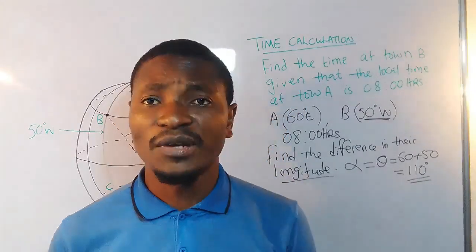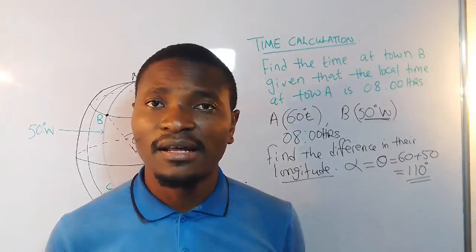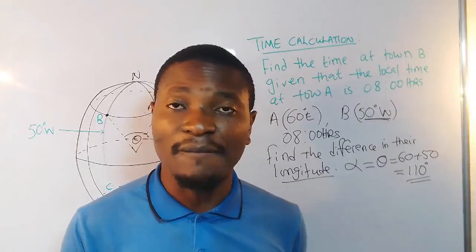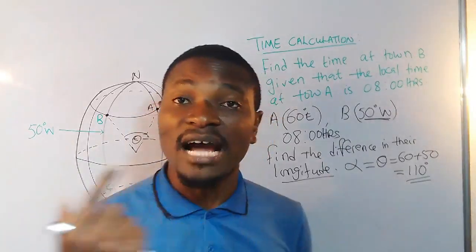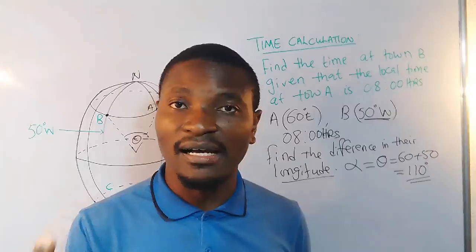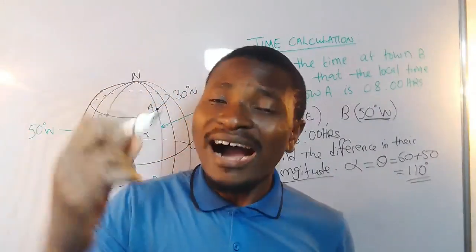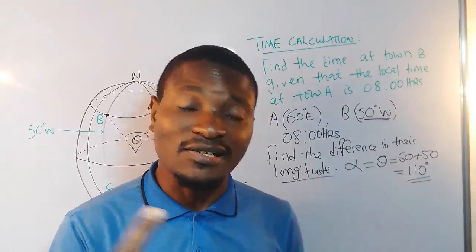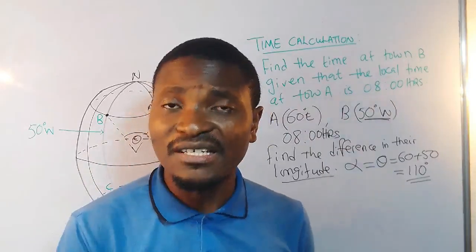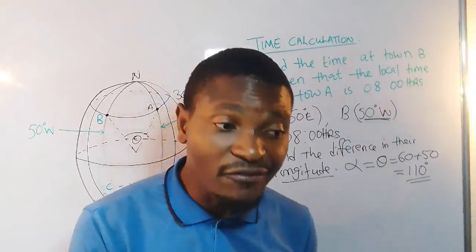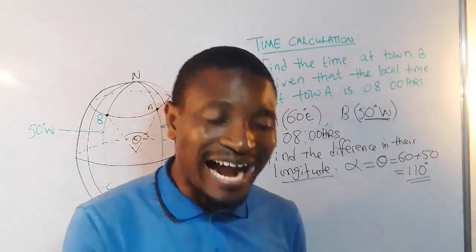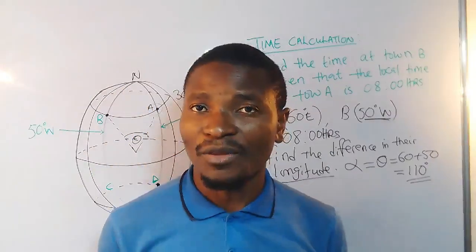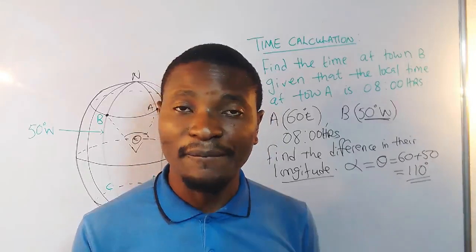Okay, so now once you get the 110, we know what the other step is that you need to understand. As the earth is revolving around the sun, every hour the earth moves around the sun, that hour is going to subtend an angle of 15 degrees. So now I have to know how many hours the earth makes in this angle, or subtends, okay?